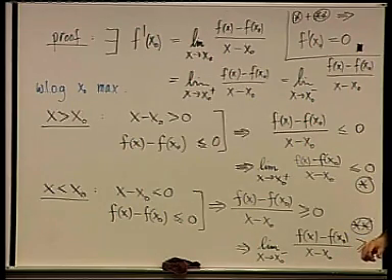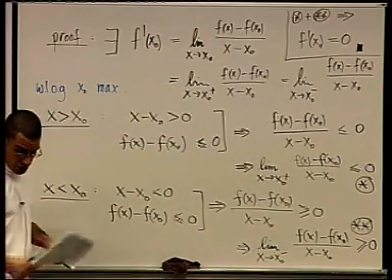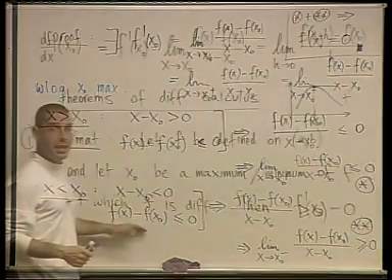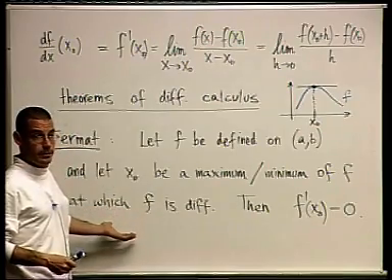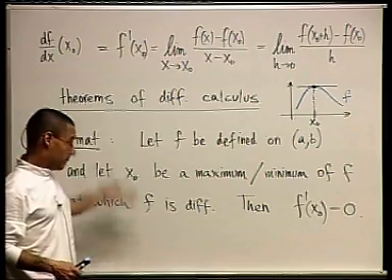Good? Okay. I want to remind you, we said this in the introduction, so let's look back at the theorem itself. I want to remind you that the use of this theorem is something you've been doing for a long time, since high school.